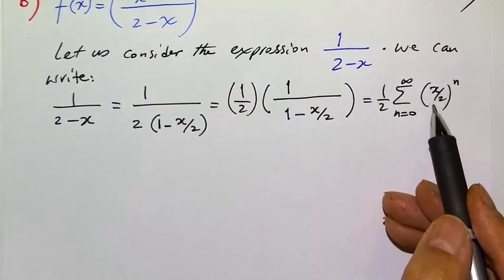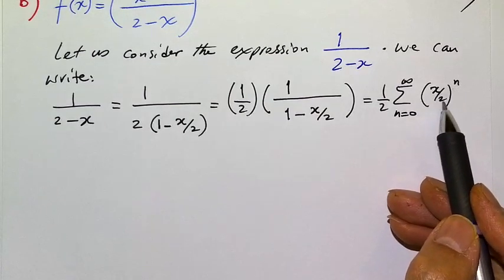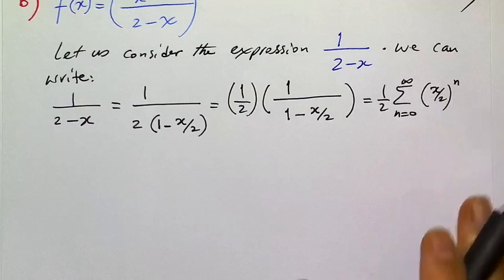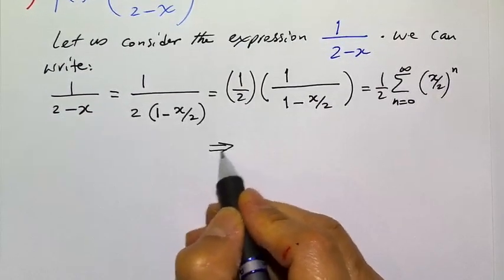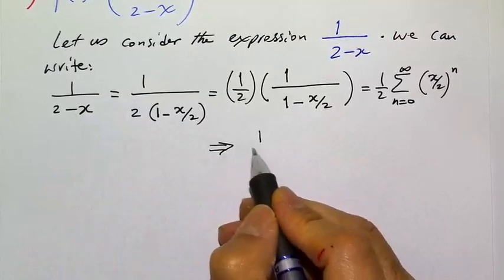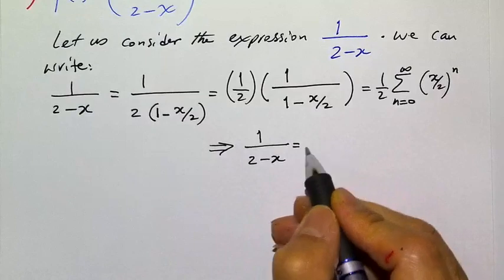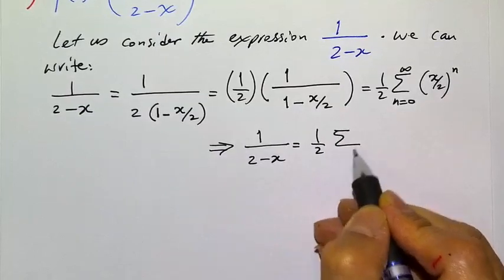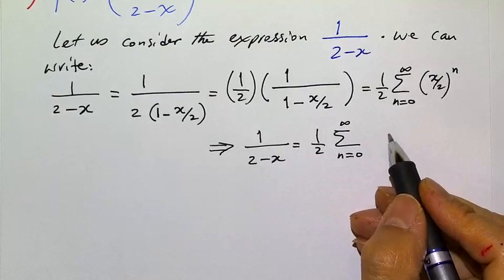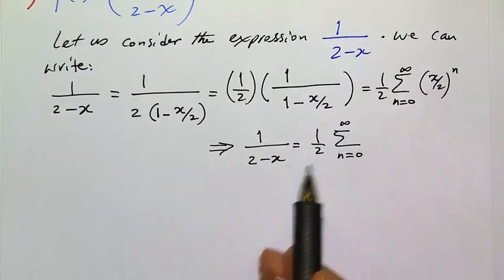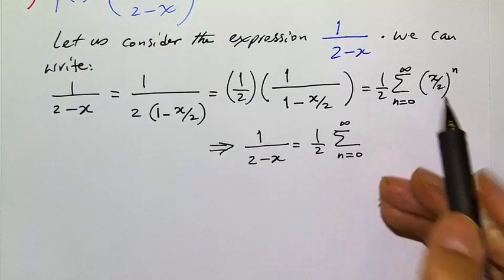So now let us distribute this n to each term here and just get x to the n power. Okay, so thus what we started with is equal to 1/2 times the power series. This 1/2 comes from there, but there is a 1/2 there too, right?